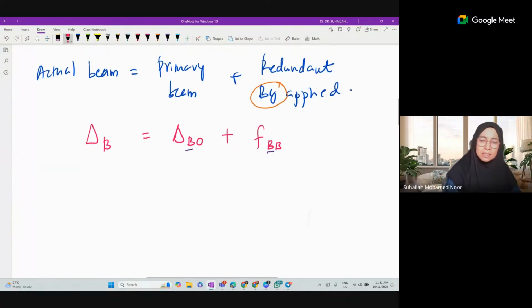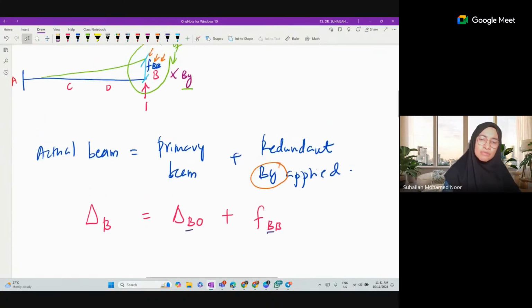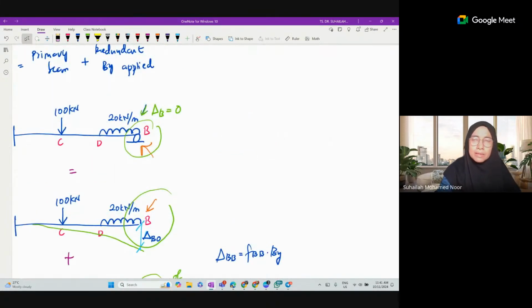So from this, this is displacement, this is the compatibility equation, but it is not final yet, because we want to have one equation which is equivalent to 0. Equivalent to 0 refers to the actual beam where the displacement is 0.